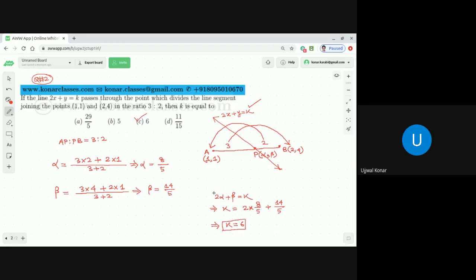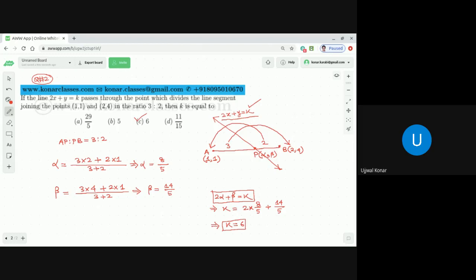Please try to understand how we get 2 alpha plus beta is equal to k. Because the straight line 2x plus y is equal to k is passing through the point (alpha, beta). If a straight line is passing through a point, it will satisfy that point.